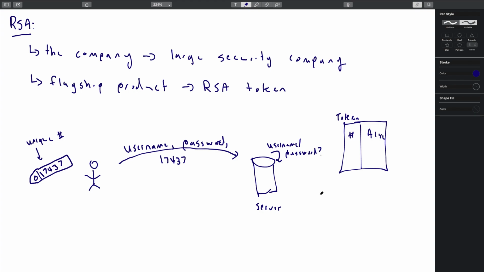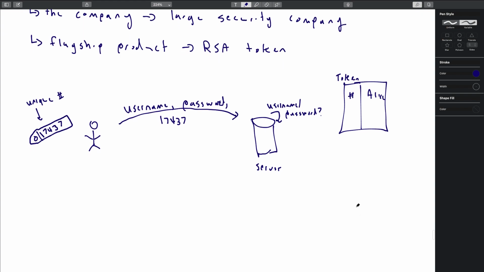And then RSA, well, you can run it yourself on your own server, or most people would just use RSA, the company. They would have a server, and if the username and password check out, then you would send the code to RSA. So you'd say, okay, Alice is trying to log in, and she's saying that her RSA token says 7437.